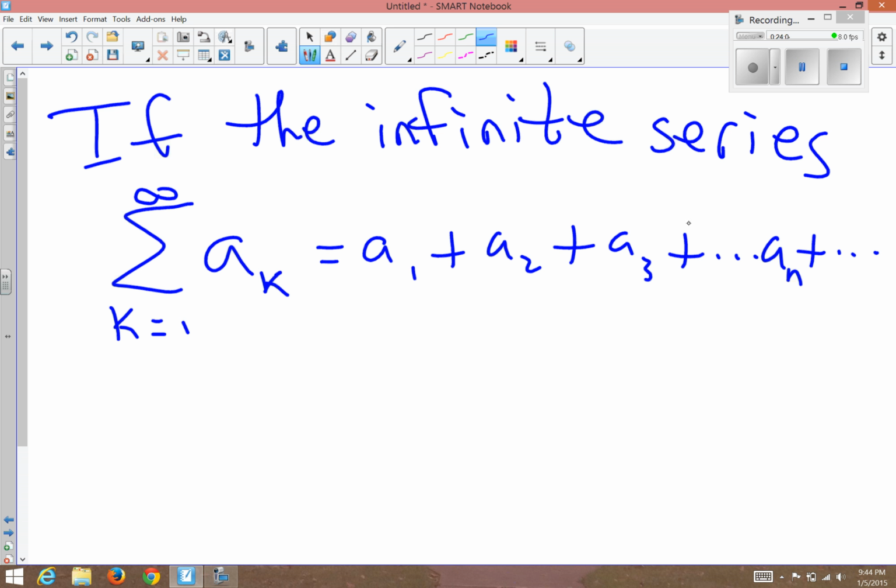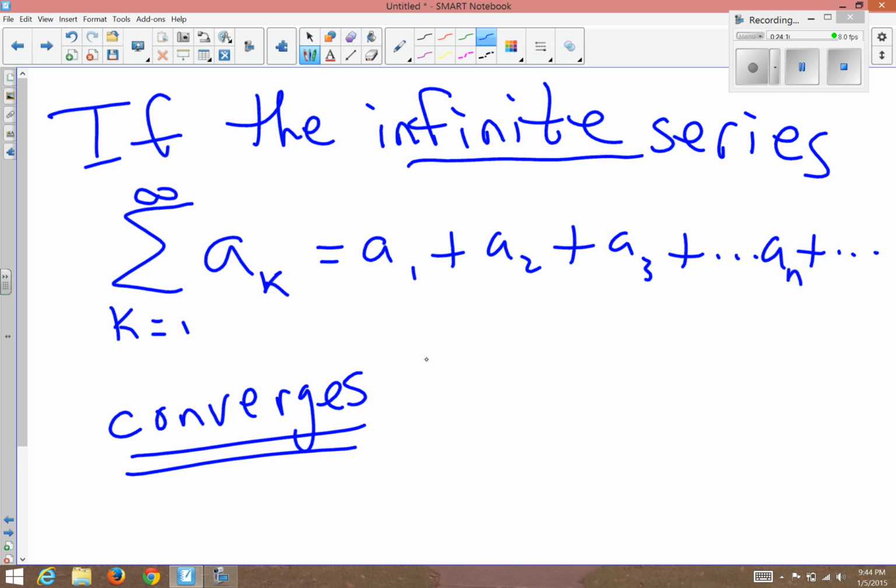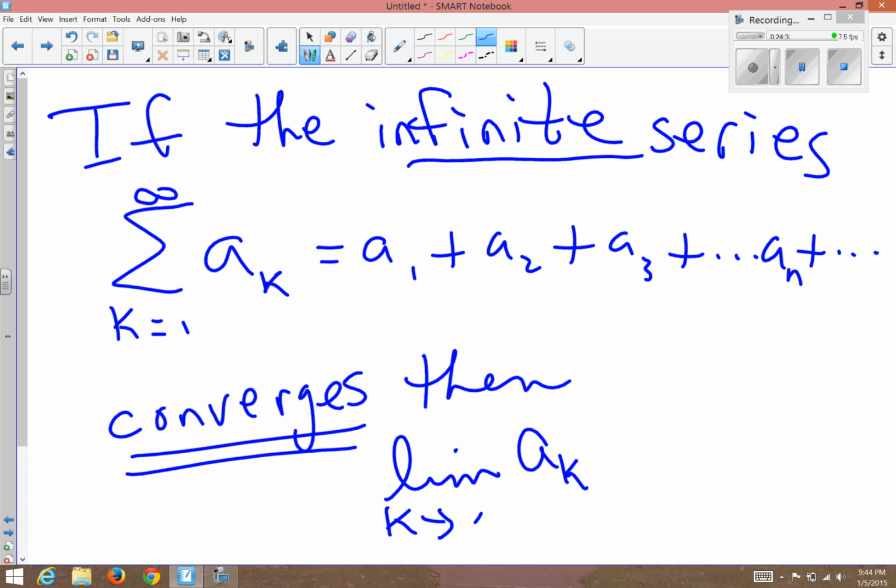If an infinite series converges, it doesn't matter if it's geometric, it's not important here, then the following will be true: the limit of a sub k, as k approaches infinity, will equal 0.